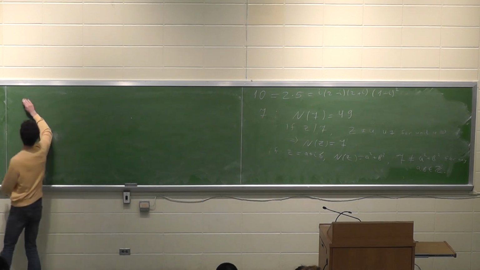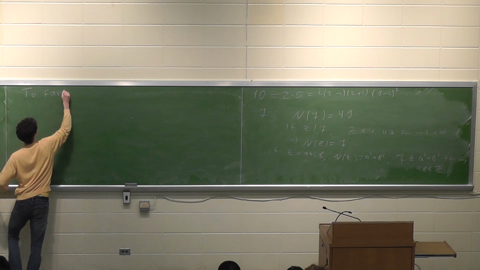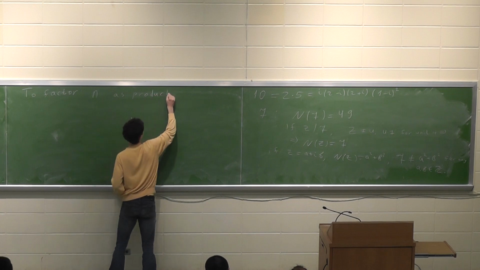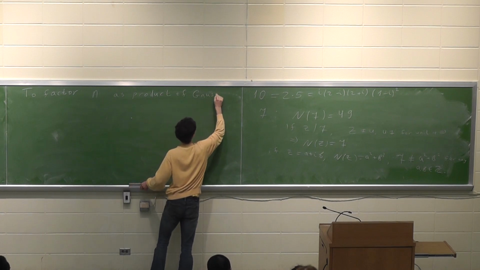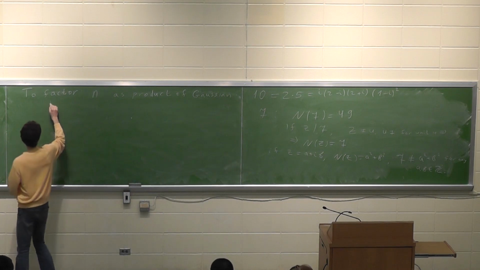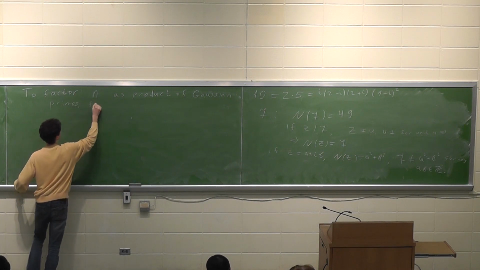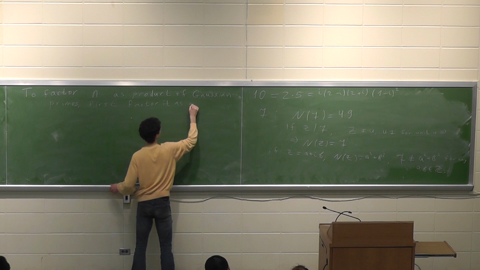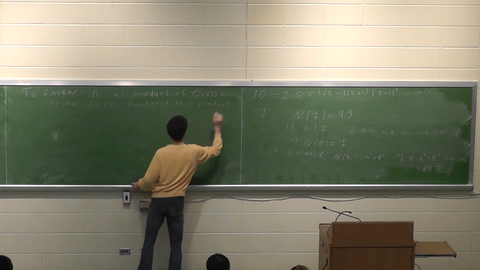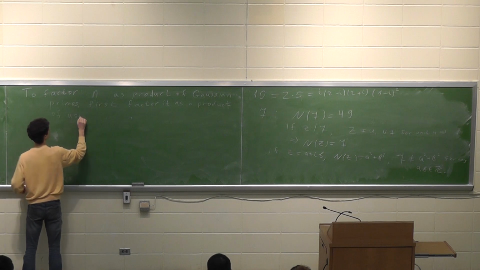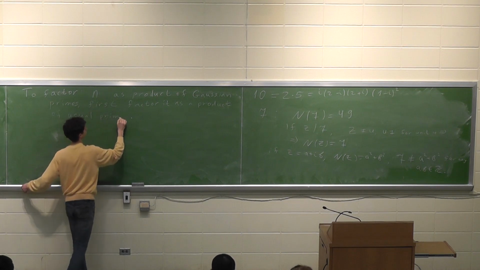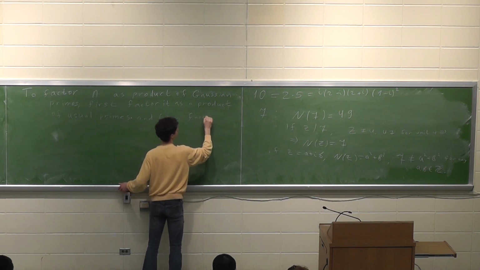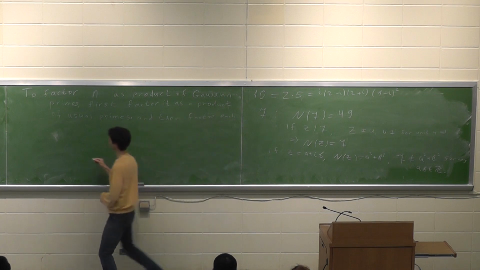So, to factor n as a product of Gaussian primes: first factor it as a product of usual primes, and then factor each of these primes.